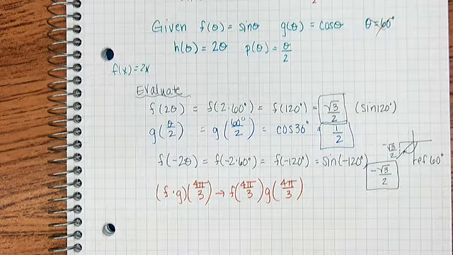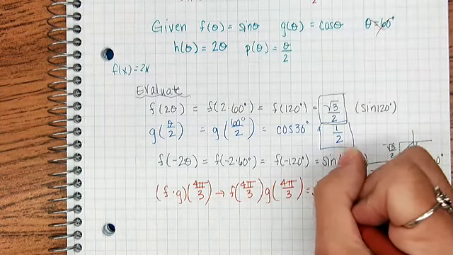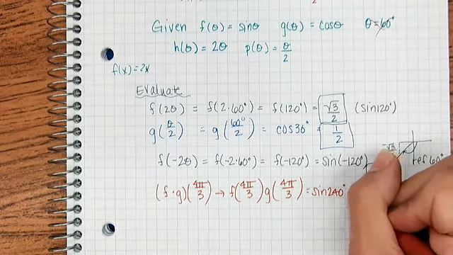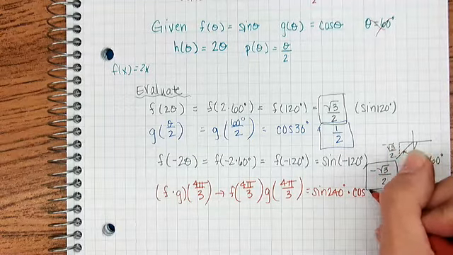So that is 240. If it helps you, that's 240 in degrees. So f is sine. So this is the sine of 240. I hope it's 240. Times the g is cosine, times the g of 240.